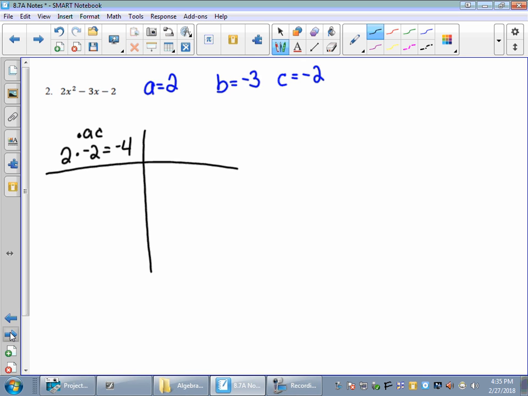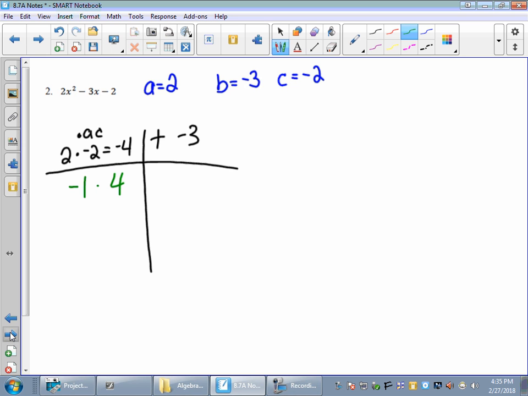Other side of my table says I need them to sum up to a negative 3. Or in other words, I need to add them to a negative 3. Underneath my AC side of my table, write out some of my factors that gets me to a negative 4. So for example, I could do a negative 1 and a positive 4.